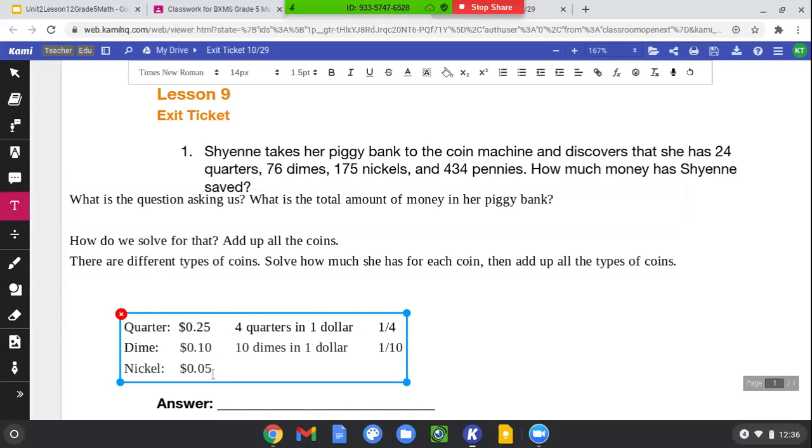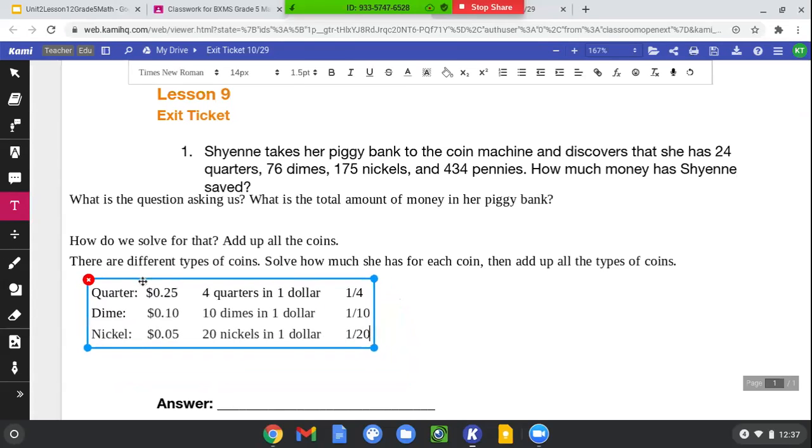Notice how the 5 is in the hundredths place. If the 5 was in the tenths, that would be 50 cents. It is in the hundredths place. So 20 nickels are in $1. So if I have 1 nickel, I have 1/20th of a dollar.